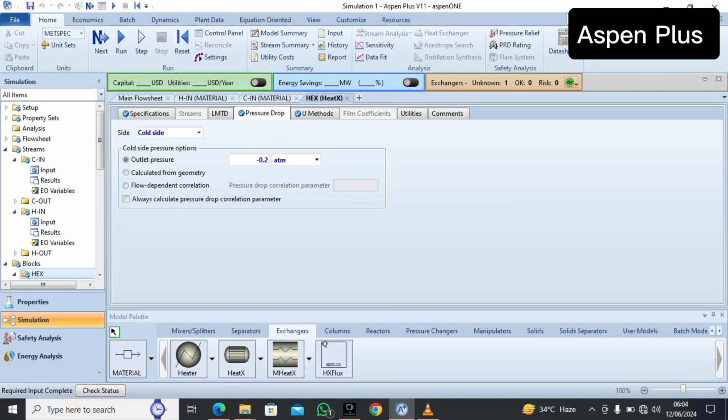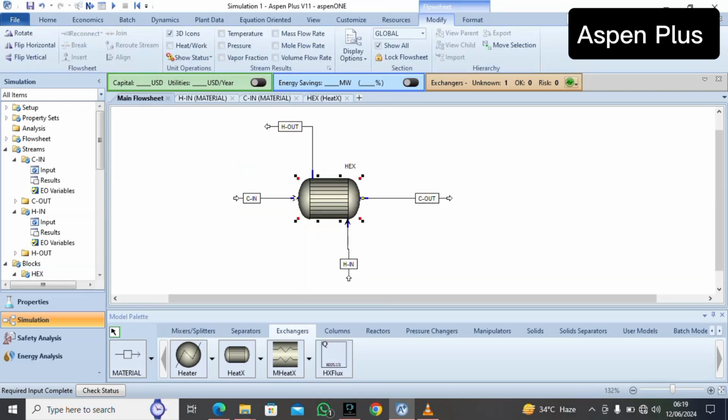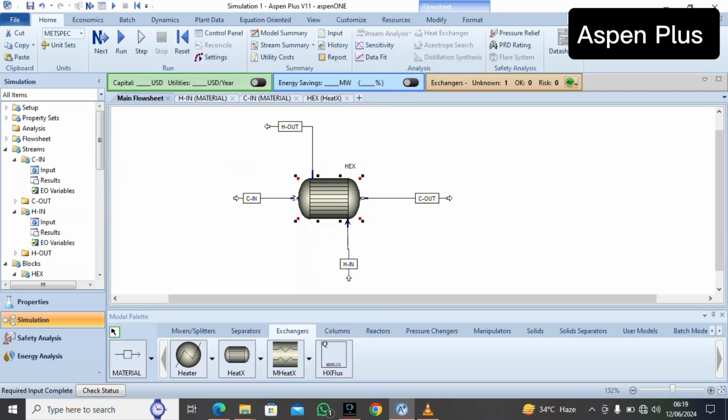So now we go back and run the process. Click on home and run the process. Here we see no error, results are available. Now we have simulated the process, which is the main requirement, and we go for exergy analysis.